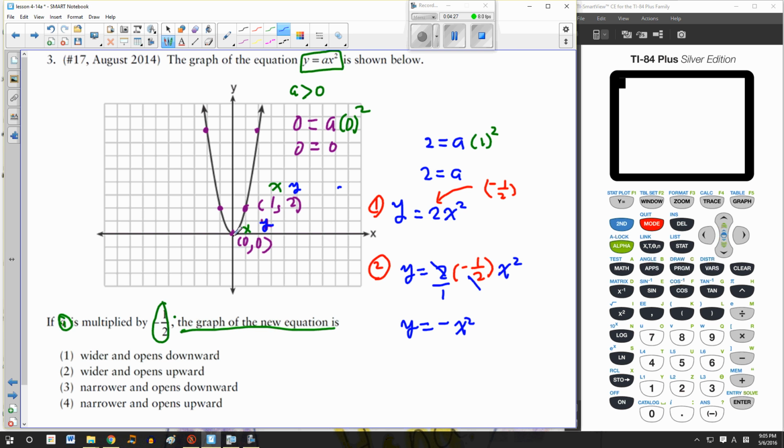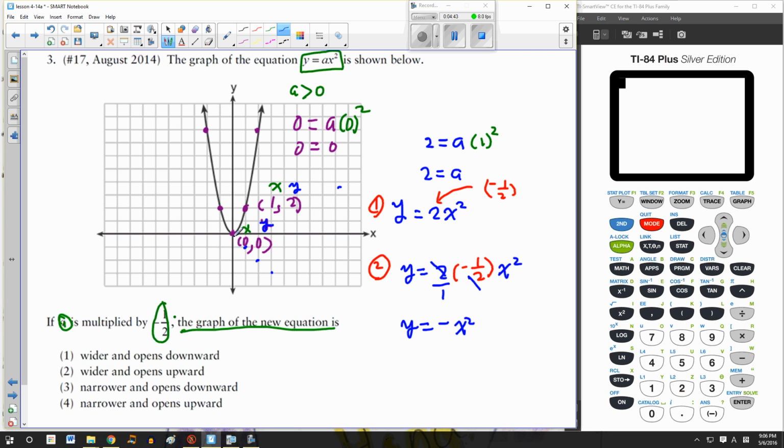And at (0, 0), if you plot it, (1, negative 1), (2, negative 2), (3, negative 3), something like that.